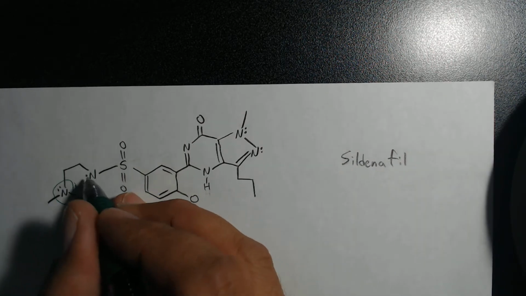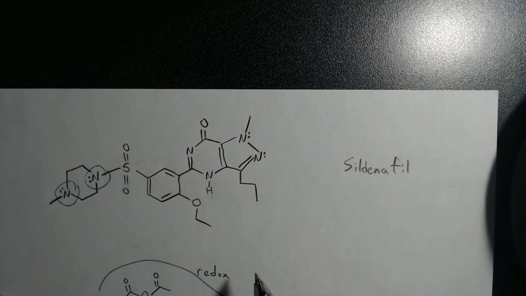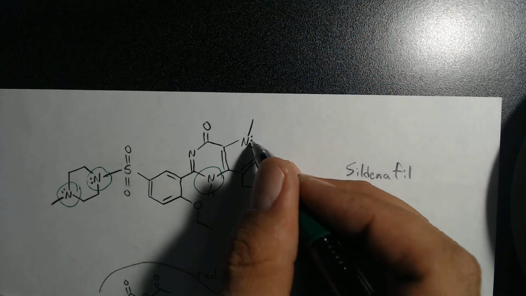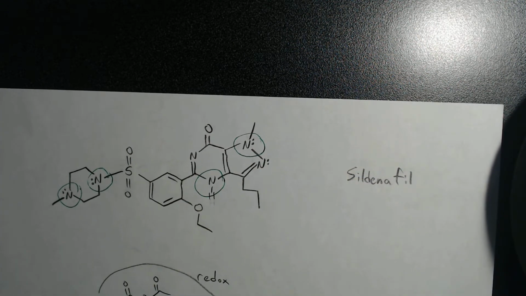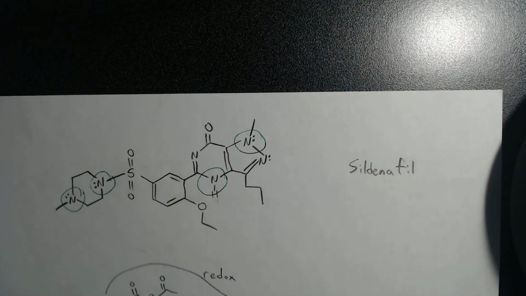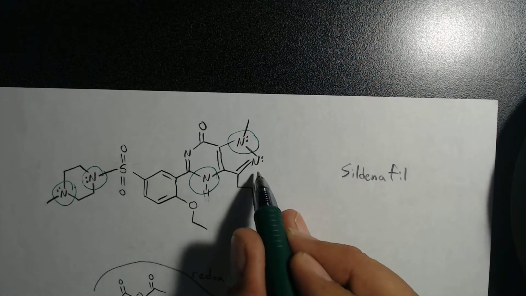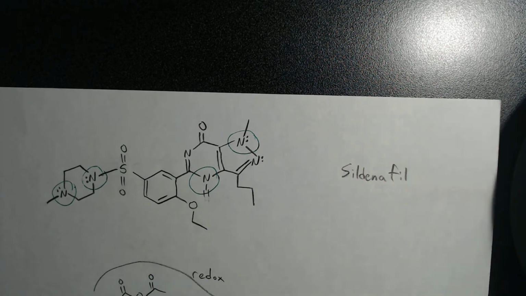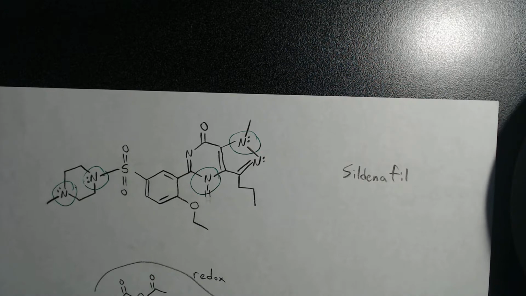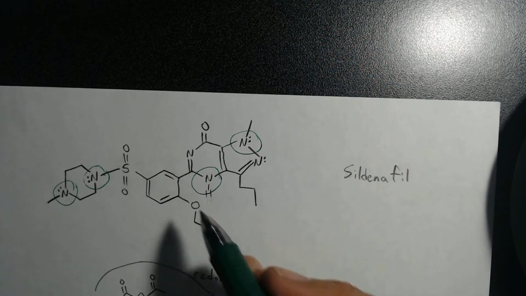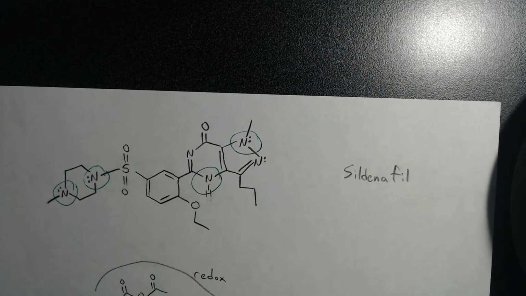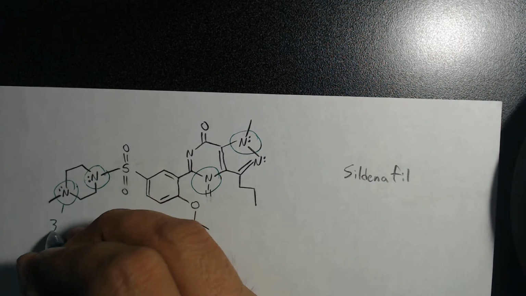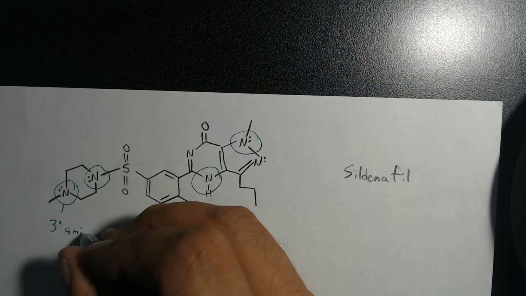So I'm seeing 1 here, 1 here. There's 1 here, 1 there. And so this one here is not an amine, that's an imine. So we're just going to go ahead and ignore double bonds to N like that. And this one here is an amide. So this one here is a tertiary amine.